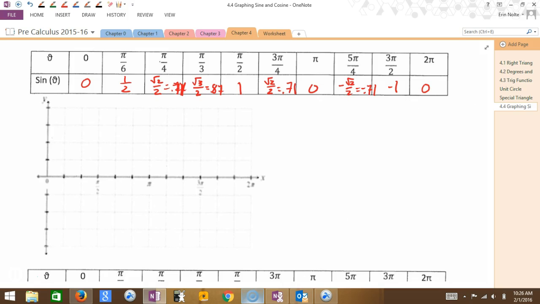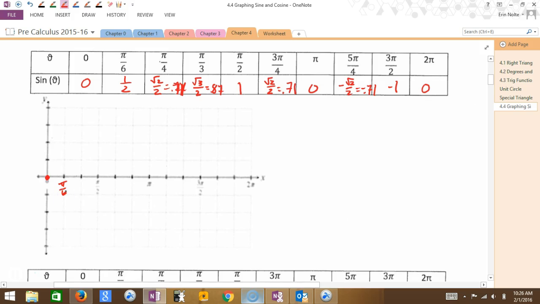So it's putting the x-axis into increments of radians. At 0, we're going to plot the point 0, 0, so that would be directly at the origin. Pi over 6 is actually this very first increment, right here.